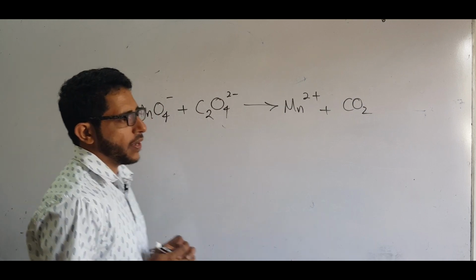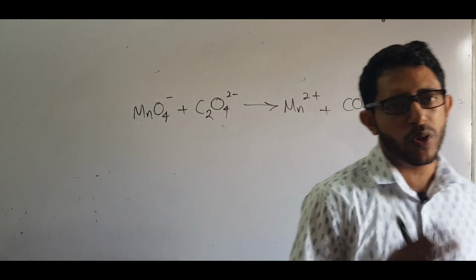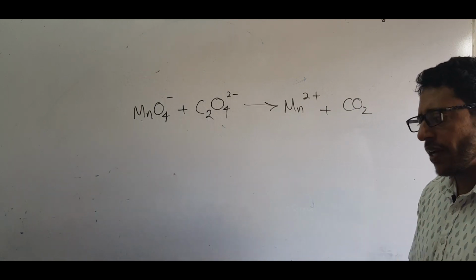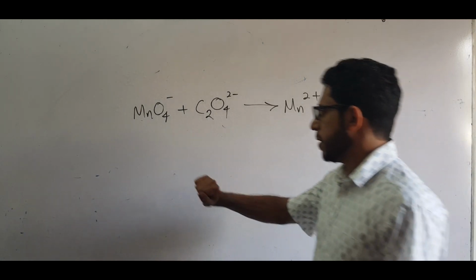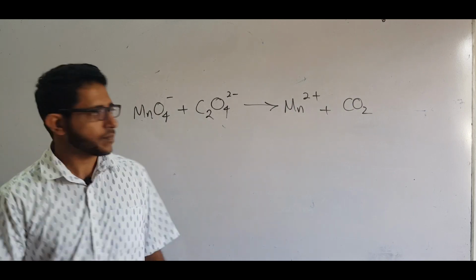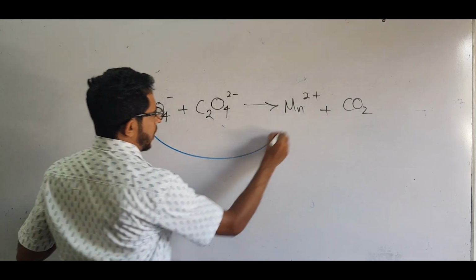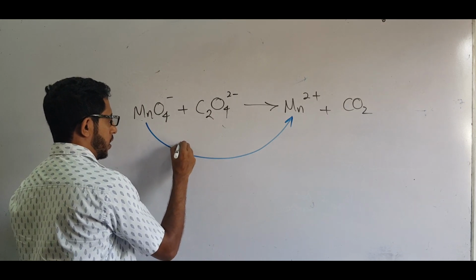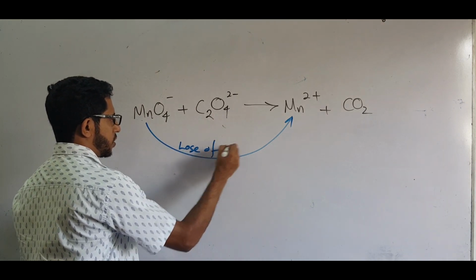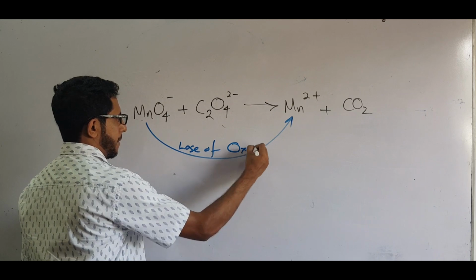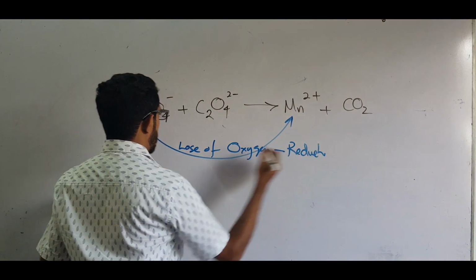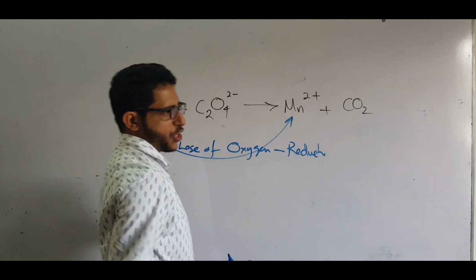Now in terms of electrons and oxygen, if we think which element undergoes oxidation or which one undergoes reduction, this one is a little bit confusing. For example, here let us say manganese, MnO4 minus to Mn2 plus, but oxygen has been lost, right. So we say loss of oxygen, so in this case it's reduction, but the negative charge has become positive charge.